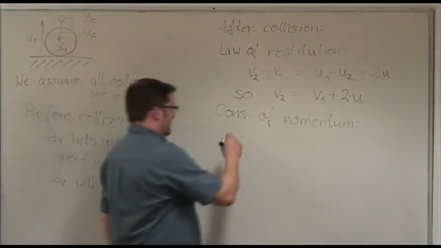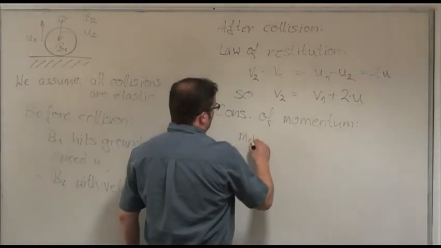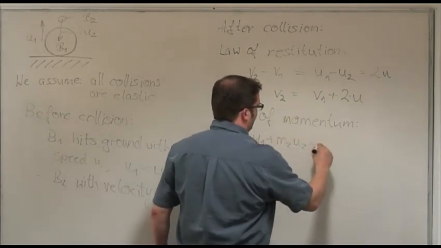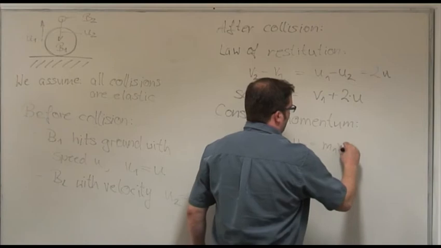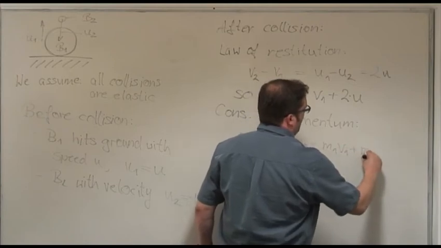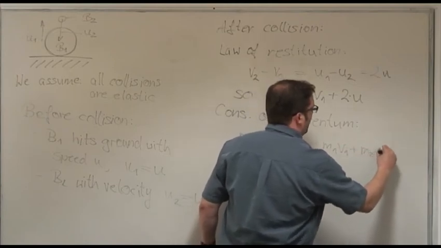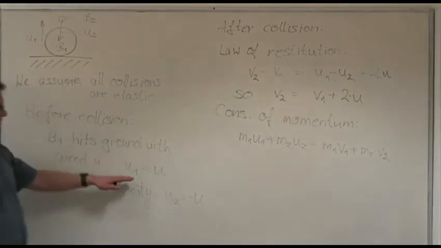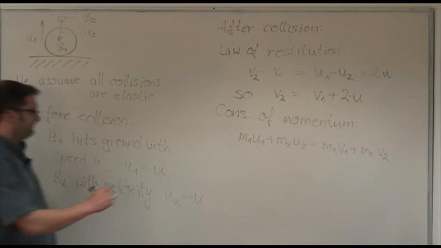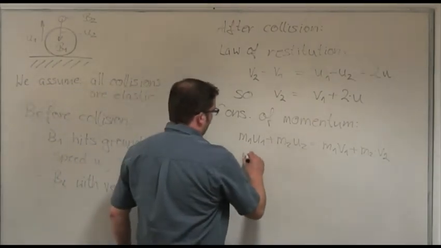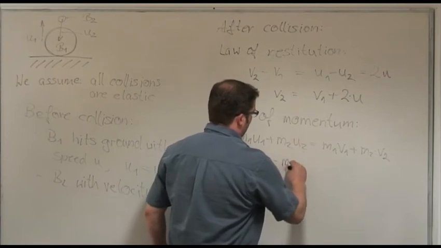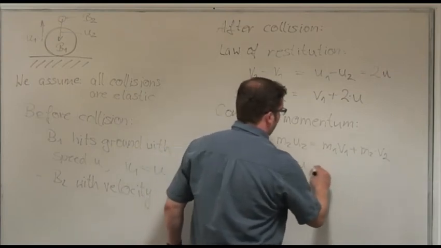Which reads as usual, m1 times u1 plus m2 times u2 is m1 times v1 plus m2 times v2. Again, I'm using what we have established for u1 and u2. So I can simplify the left-hand side to m1 times u minus m2 times u.